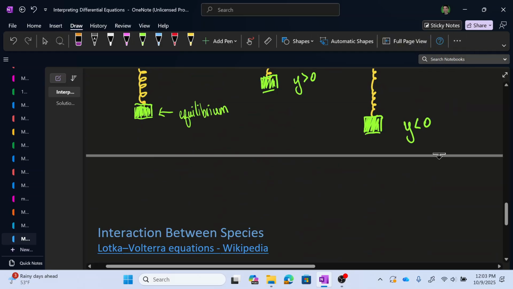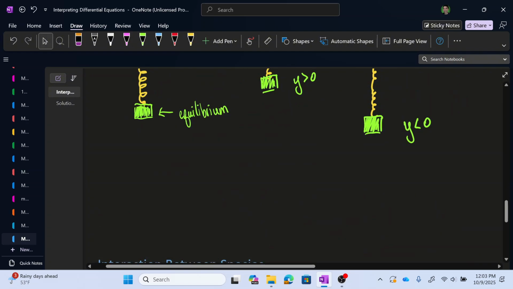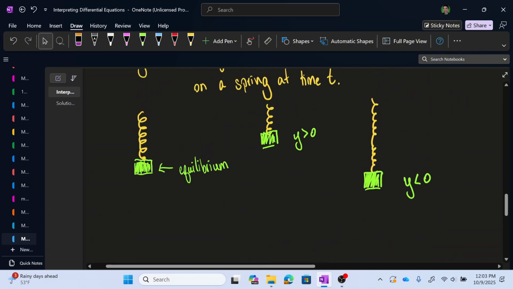When I go into the spring and I disturb the position of the object from equilibrium, I'm going to experience a force. If I push the object above equilibrium, I'm going to experience a force from the spring trying to push the object back down. And if I disturb the object by pulling it below equilibrium, then I'm going to experience a force from the spring trying to pull it back up.